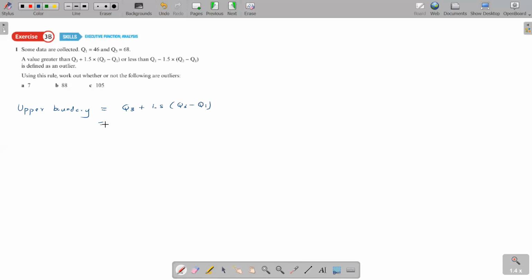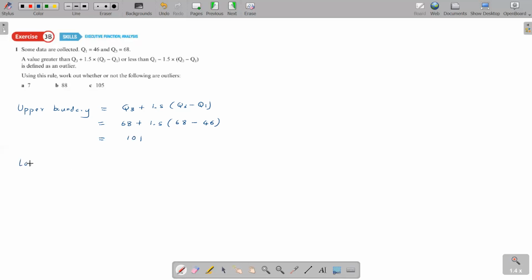Q3 is 68, plus 1.5 times (68 minus 46). How much is it? 101. So the upper boundary is 101.